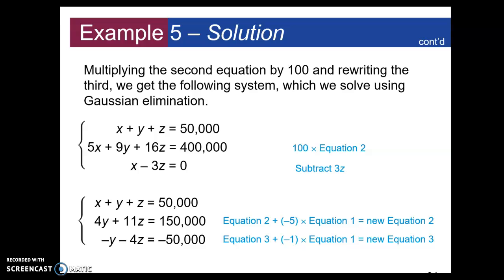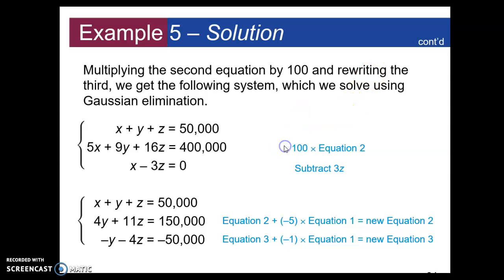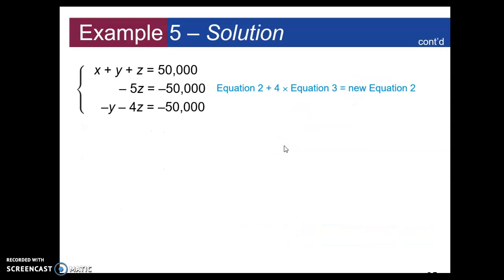So I put the -5z equals -50,000 in as a replacement for equation 2, and I left equation 3 as is. For the life of me, I can't remember why I decided to do it that way, but it can work this way as well. So the -5z equals -50,000 replaced equation 2, and equation 3 stayed as is.